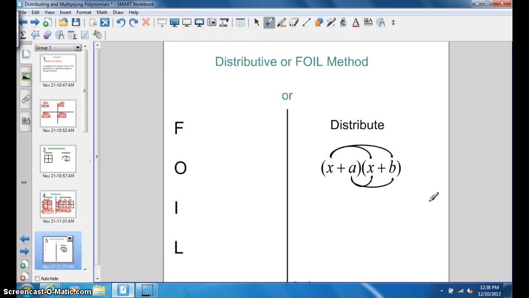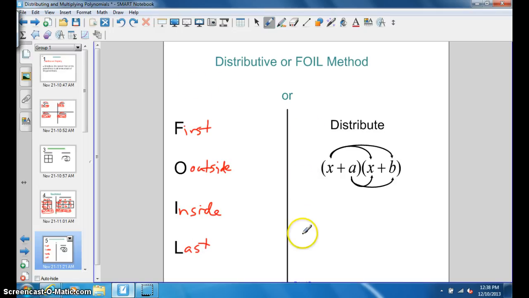Alright, so now we have the distributive or FOIL method. So FOIL means first, outside, inside, last.